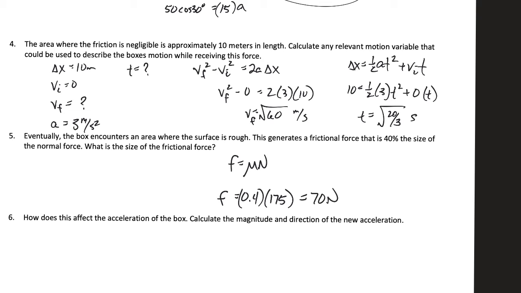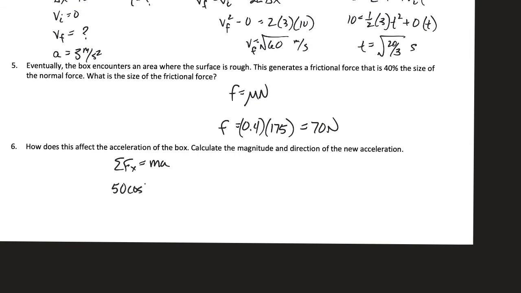How does this affect the acceleration of the block? The net force in the x direction has now changed. The net force in the x direction is now 50 cosine 30 degrees minus friction, which has to equal ma, and friction is 70.